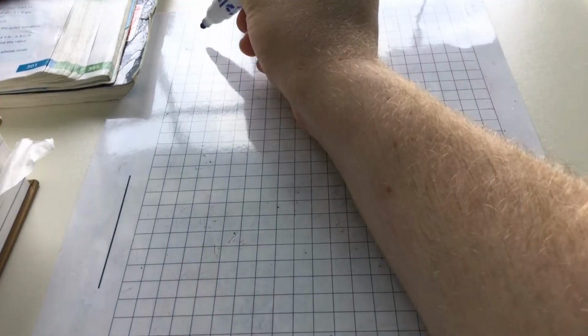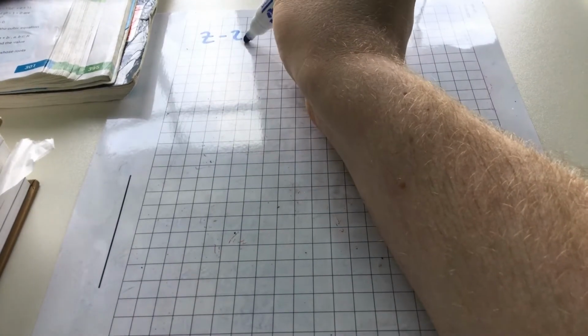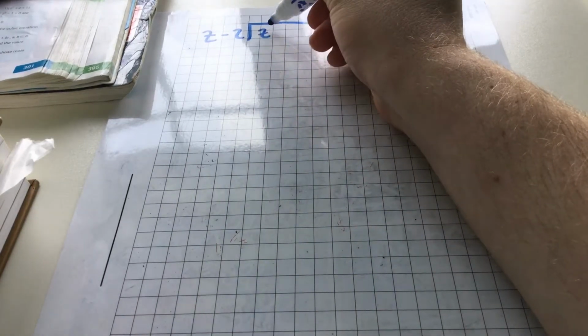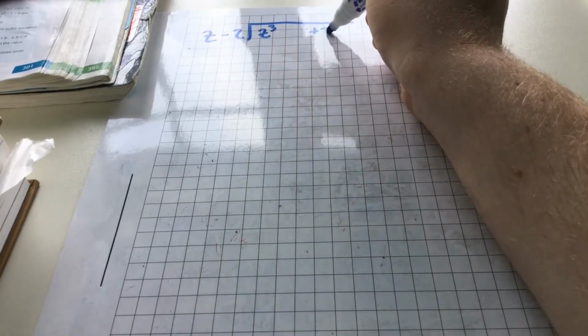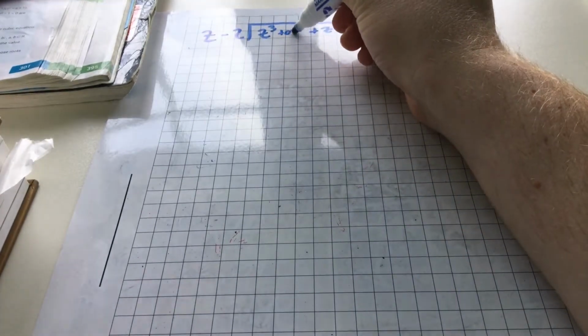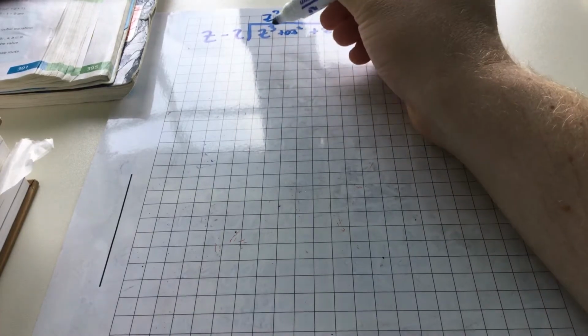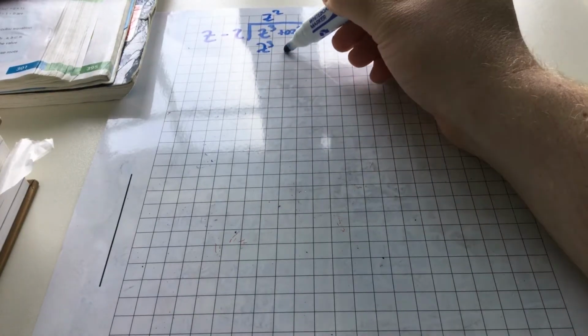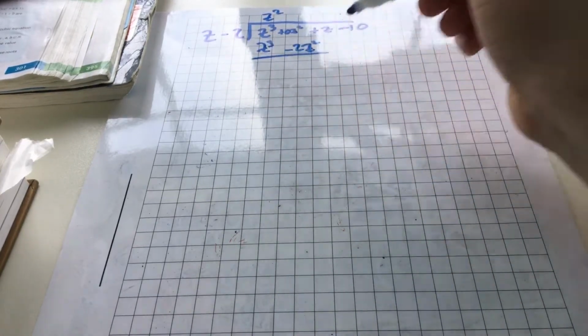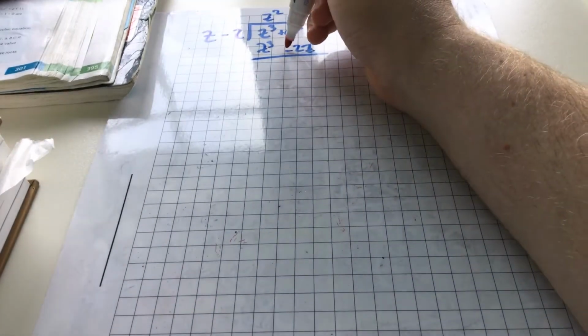So the non-real roots. The first thing I need to do is to divide z minus 2 into z cubed plus z minus 10. I'll put 0z squared there. So z squared, I get z cubed minus 2z squared. Change the sign.